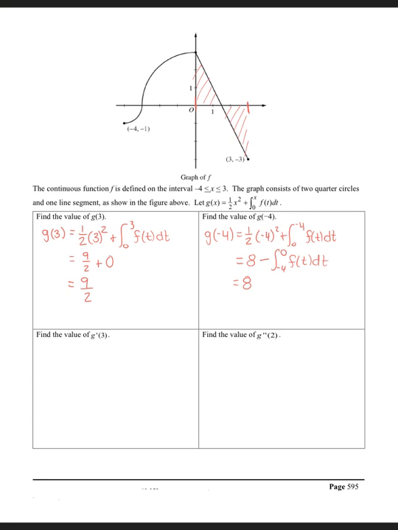From -4 to 0, these are quarter circles. The area of that one is going to be 1/4 pi r squared, where r is 1. Actually it's negative, so this is -1/4 pi.